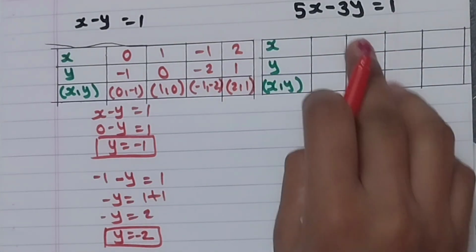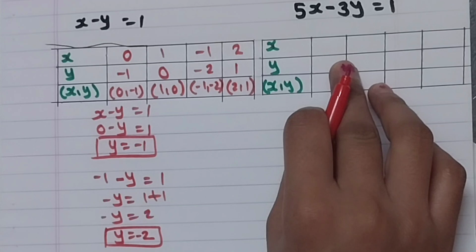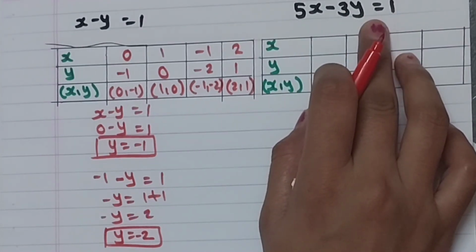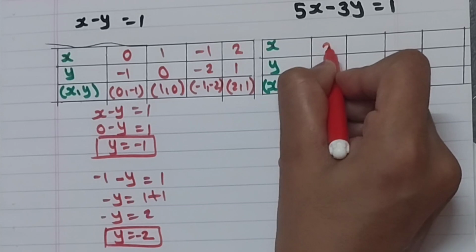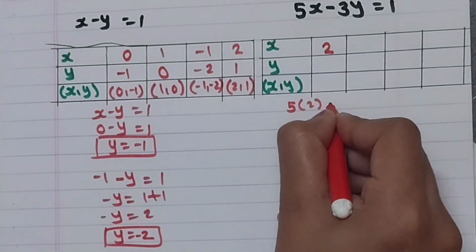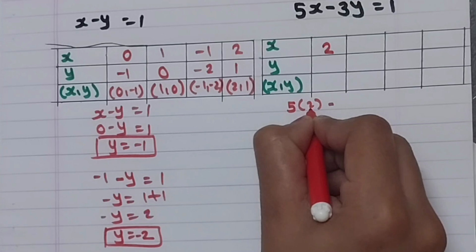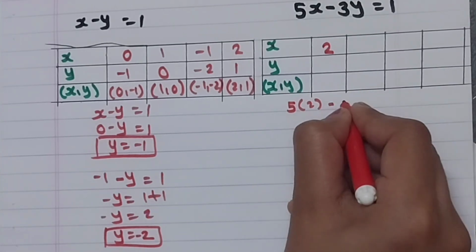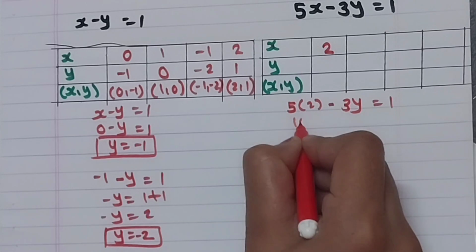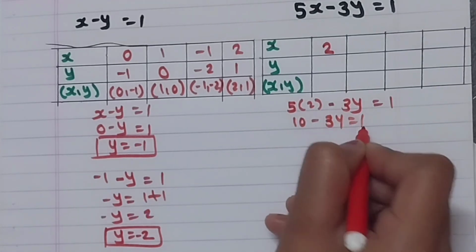Now see this equation 5x minus 3y is equal to 1. If we put here x is equal to 2, 5 into 2 minus 3y is equal to 1. So 5 tens are 10, minus 3y is equal to 1.